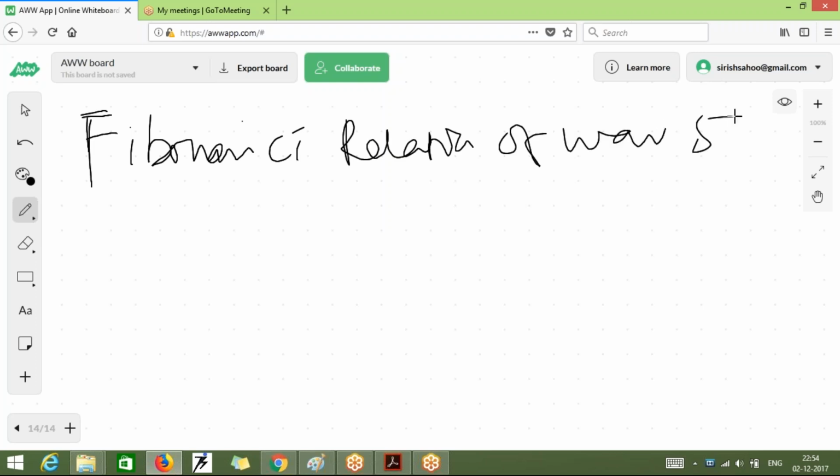So what it's suggesting is wave 5 is related to wave 1. And what is the case in that? How can we say it is being related?